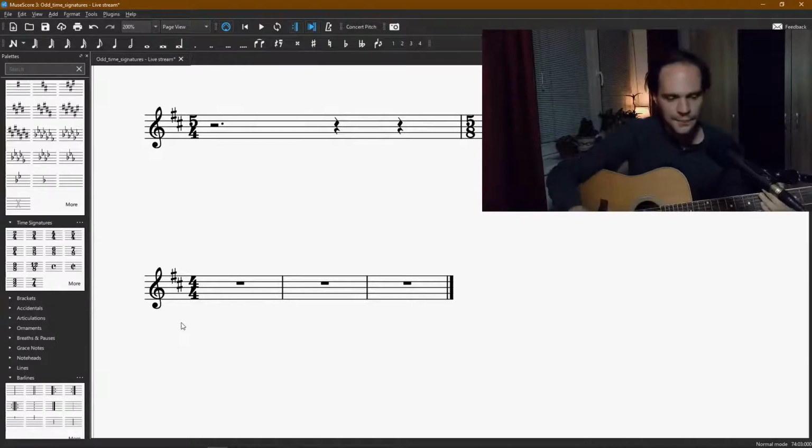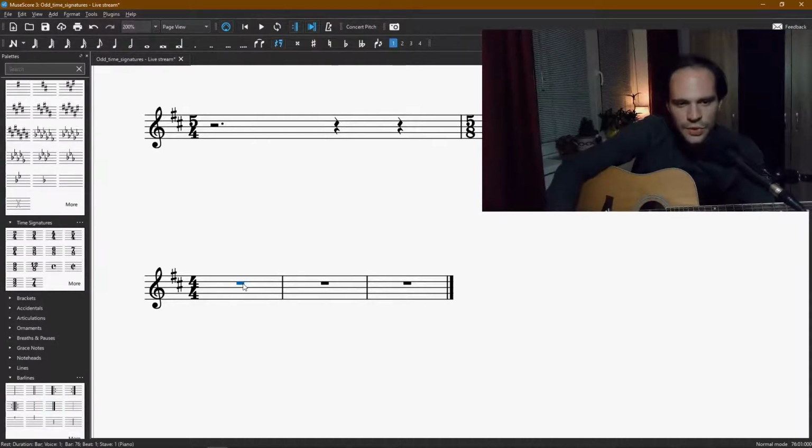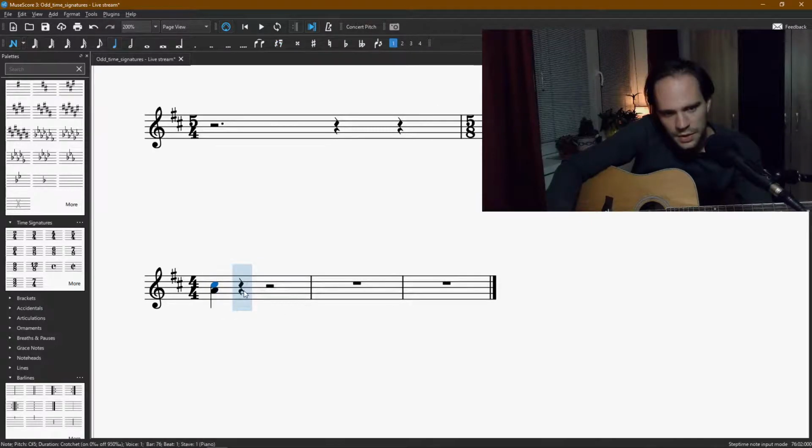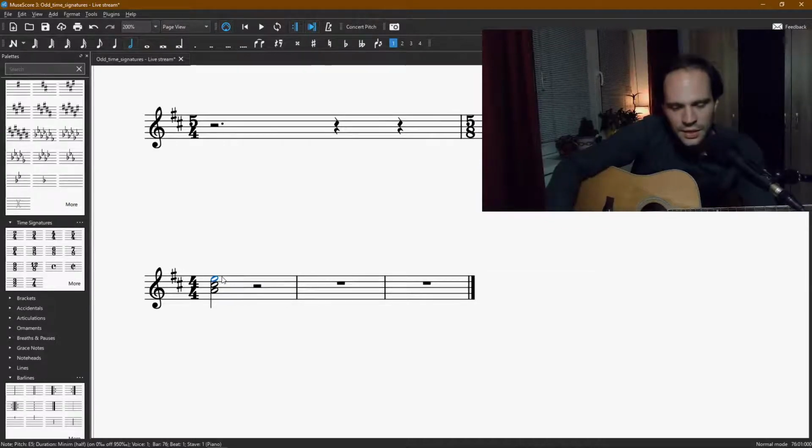So what I'm doing here is, for example, with an A minor chord, I'm not sure if you hear the sound because I don't have my headphones on.